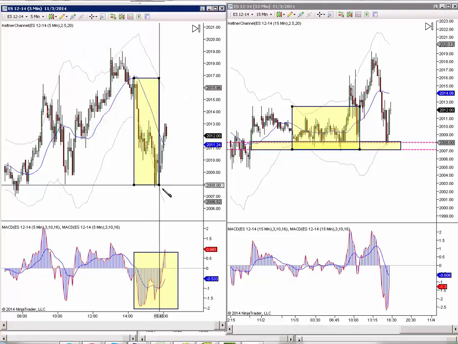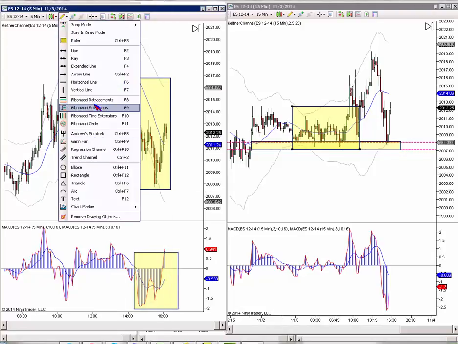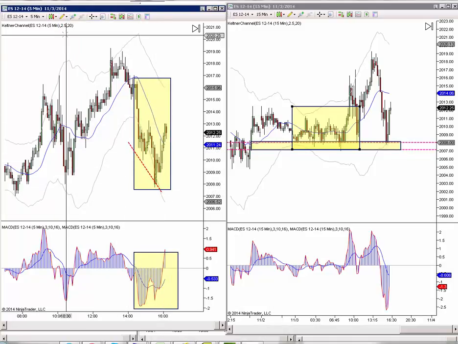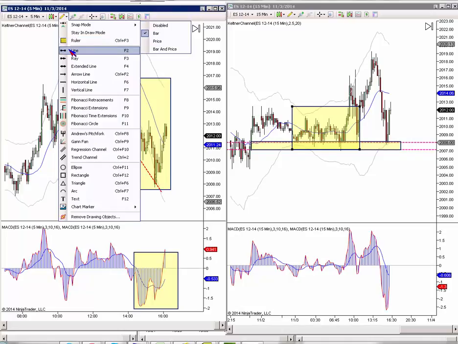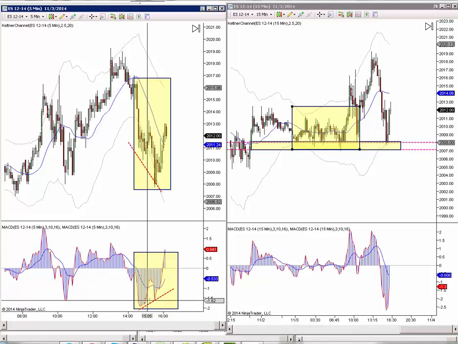So we've got the indicator here. What the indicator is telling us is this is a lower low on price, and this is a higher low on the oscillator, which is creating what is called a divergence.